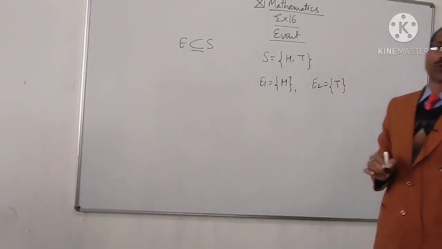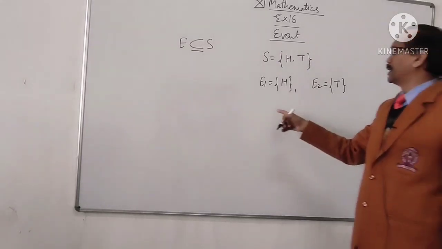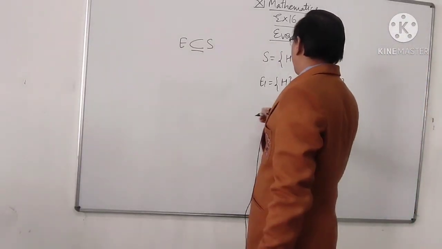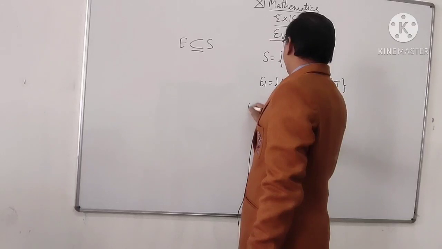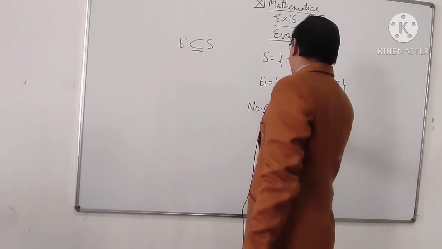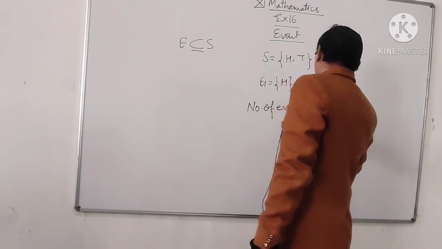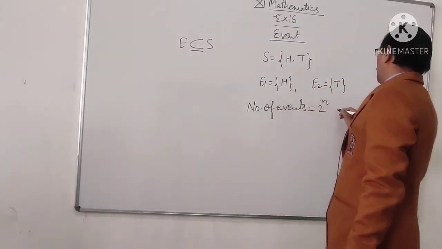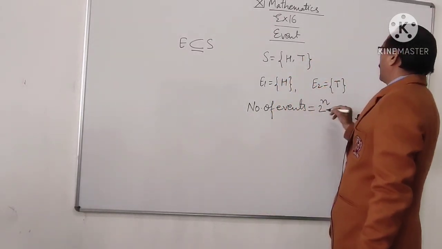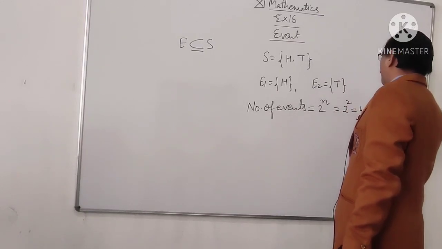Then the question is the total number of possible events. So there is a formula: number of events equals 2 to the power n. So 2 to the power 2 is 4.